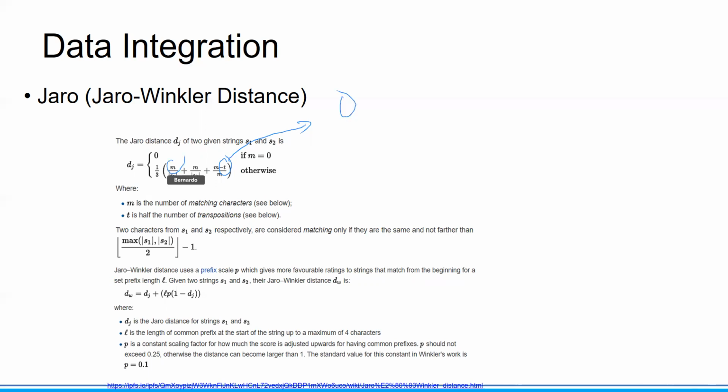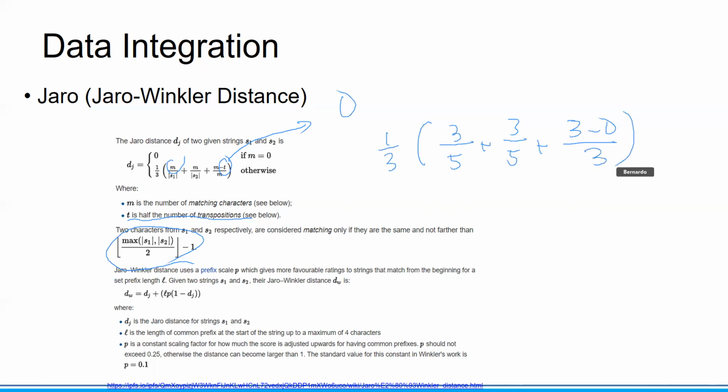So what is m here? m equals 3, then we can calculate 1 divided by 3, multiplied by 3 over 5 plus 3 over 5 plus 3 minus 0, because we don't have any t. t is half the number of transpositions. Because this one is less than 1, we just use 0 to indicate this, and then we can calculate this dj.